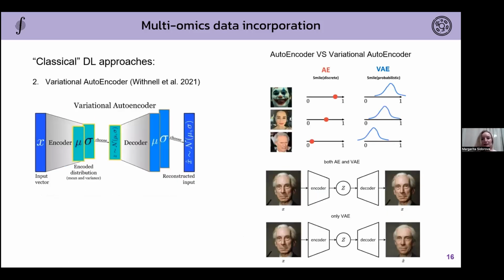The second approach is variational autoencoder. In fact, as you see, it's also an autoencoder, but the difference between the usual autoencoder and the variational autoencoder is that it is learning a representation of the data with some parameters, with some distribution, like mean, for example, and variance.